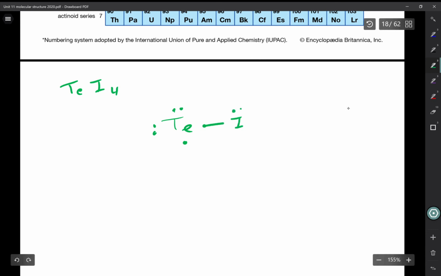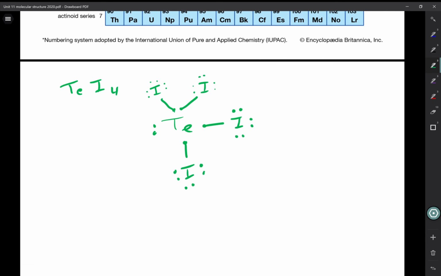There's an iodine there, and an iodine there. Now you need 2 more iodines. Oh, there you go. Voila.